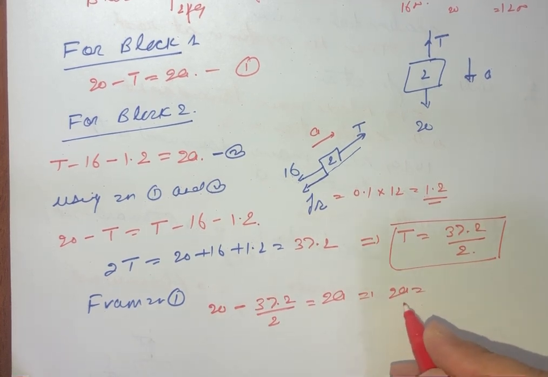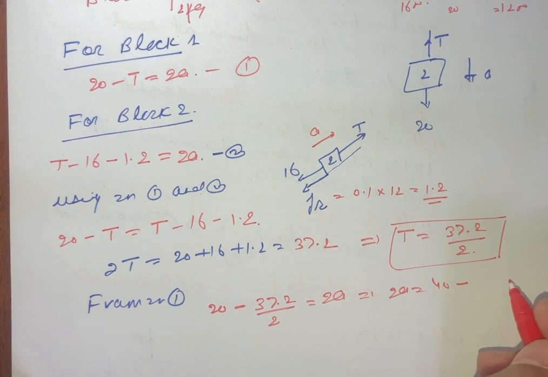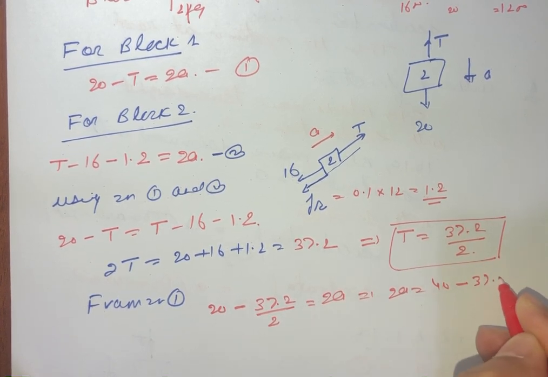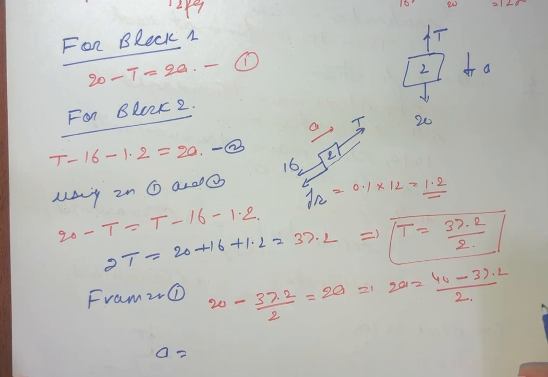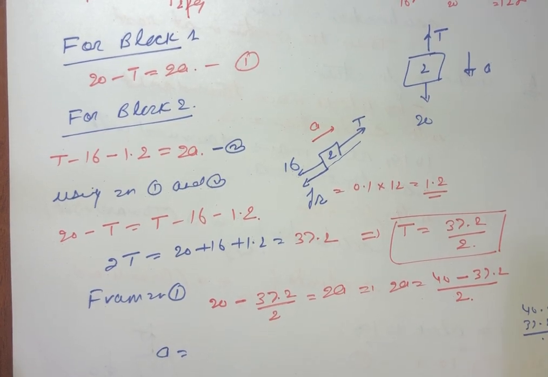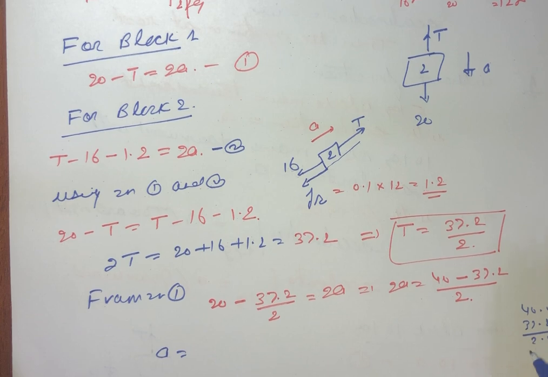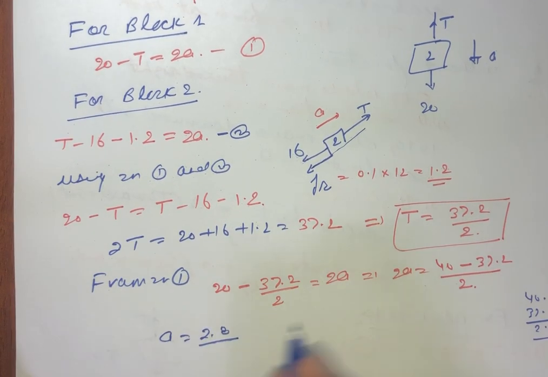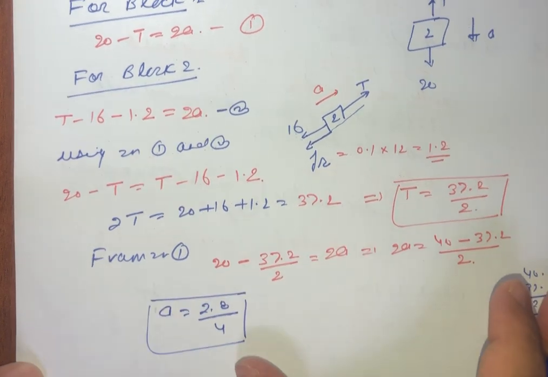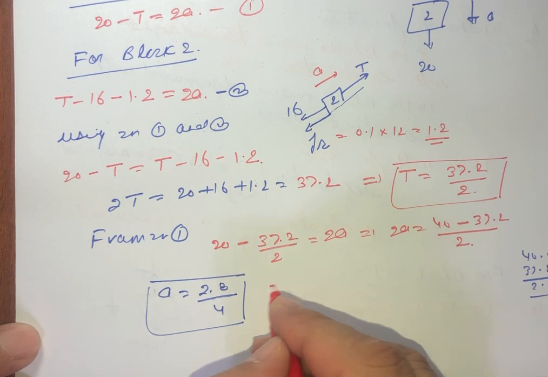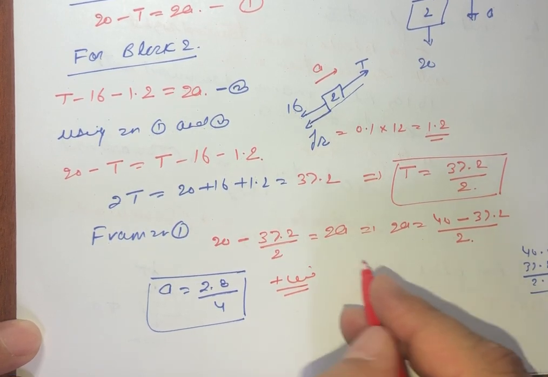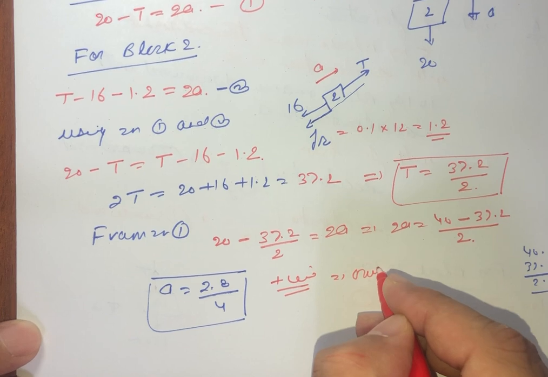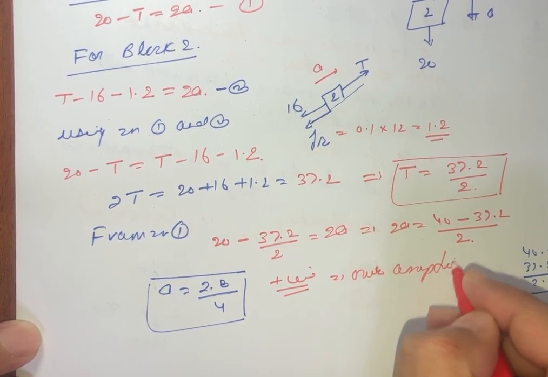We have 40 minus 37.2, this will be 2.8, divided by 4, and the acceleration is positive, so we can say that our assumption of direction is correct.